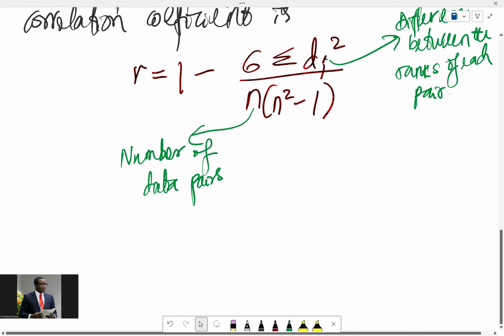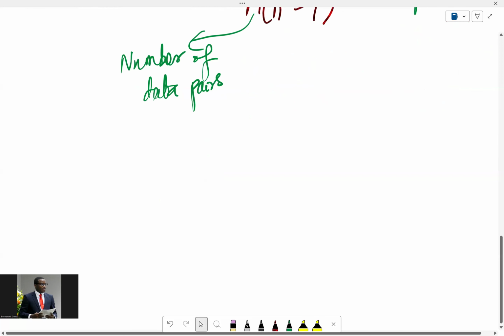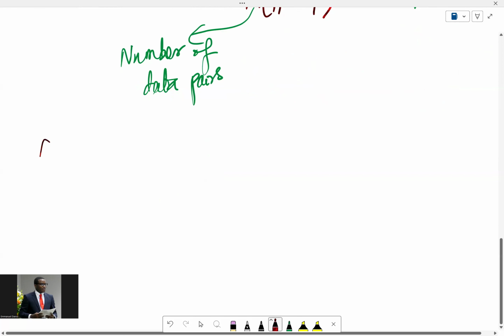So let's look at some examples. Example 1, for positive correlation.